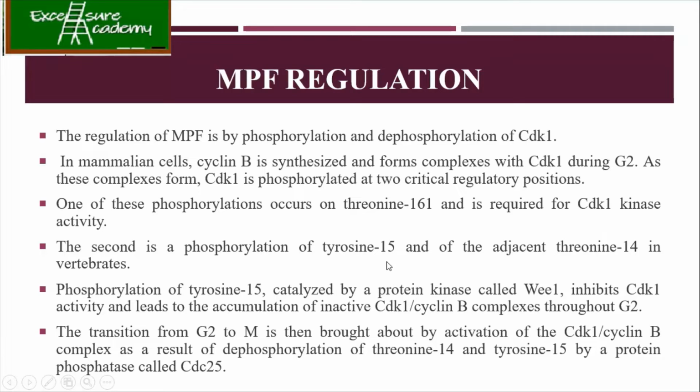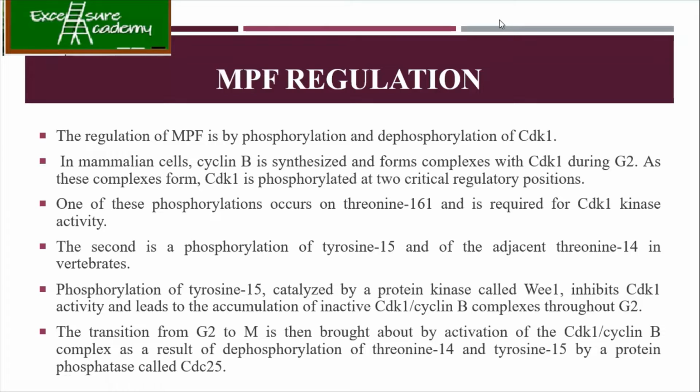And the second one is tyrosine 15 and threonine 14 in the case of vertebrates. So there are two phosphorylations taking place, threonine 161 and tyrosine 15. Phosphorylation of tyrosine 15 is by another protein kinase known as Wee1, which inhibits the CDK1 activity and leads to the accumulation of inactive CDK1 cyclin B complex throughout G2.